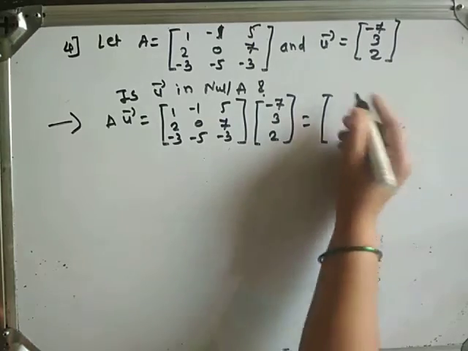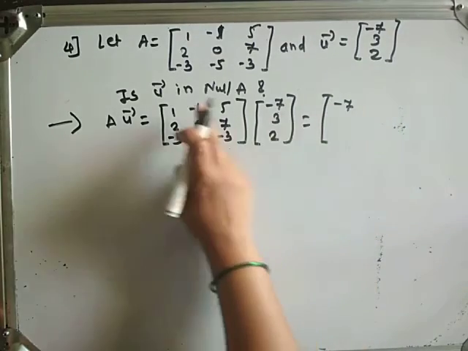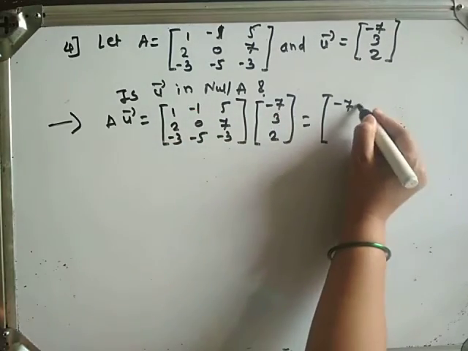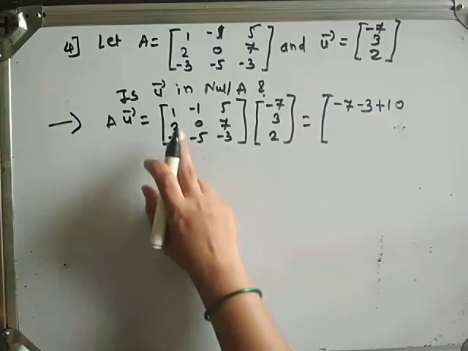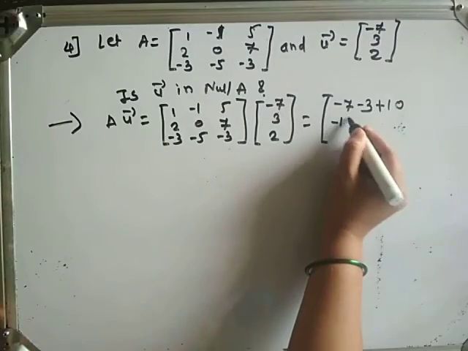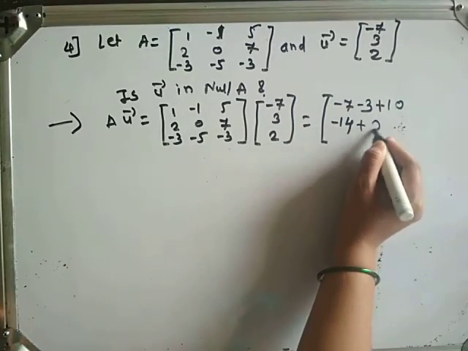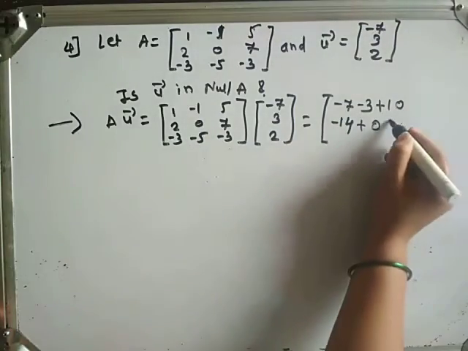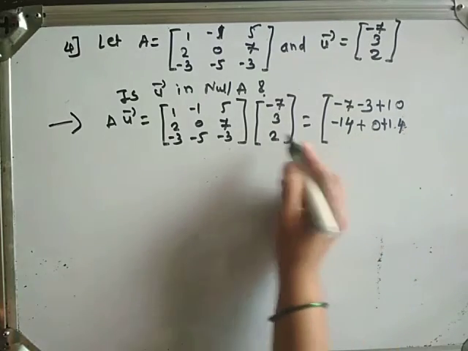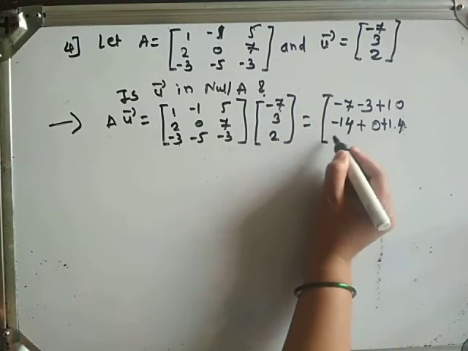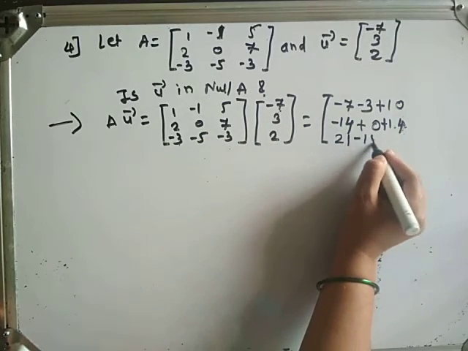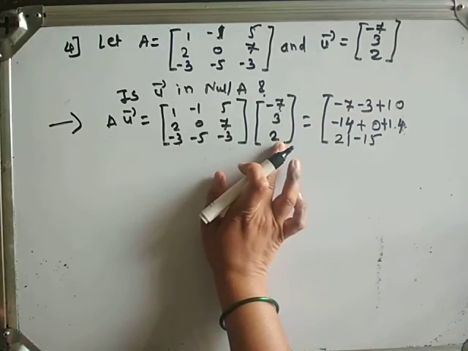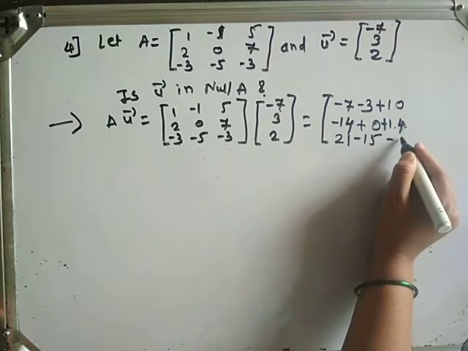1 into minus 7 is minus 7. Minus 1 into 3 is minus 3. 5 into 2 is plus 10. 2 into minus 7 is minus 14, plus 0. 7 into 2 is plus 14. Minus 3 into minus 7 is plus 21. Minus 5 into 3 is minus 15. Minus 3 into 2 is minus 6.